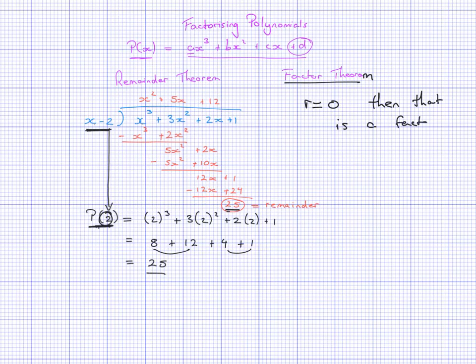All right, so I'll bring you back to a rather simple example of 25 divided by 5. If 5 goes into 25 without a remainder, which it does, then I know that that number is a factor of that number. So if I can divide x minus 2 into this polynomial and end up with no remainder, then I know that that is a factor of this polynomial.